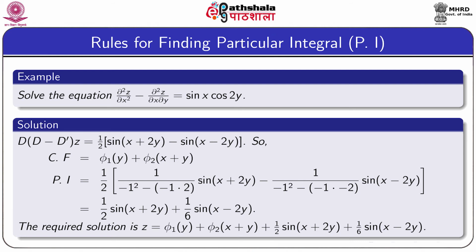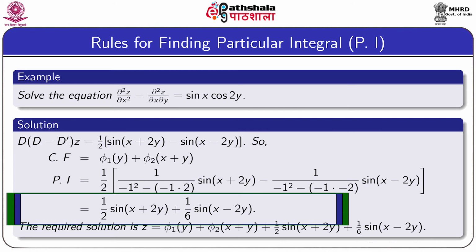According to the previous rule, we need to replace d square by minus 1 square and dd dash by minus 1 into 2. That rule is applied here, and for the second function we use the same rule and get the particular integral as half of sine(x plus 2y) plus 1 by 6 sine(x minus 2y).